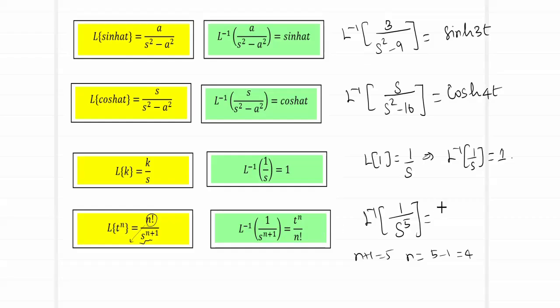So what will be the answer of Laplace inverse? T power 4 by 4 factorial. So this will be your answer for Laplace inverse. Say in case you don't have a constant in your numerator, but you just have a 1. That is like Laplace inverse of 1 divided by s square minus 9.